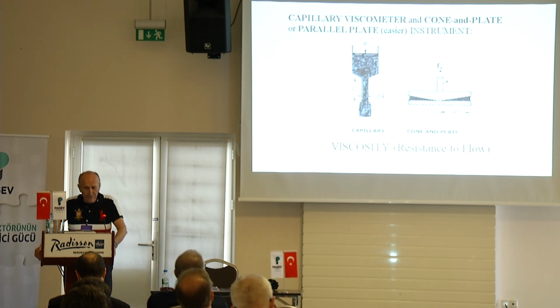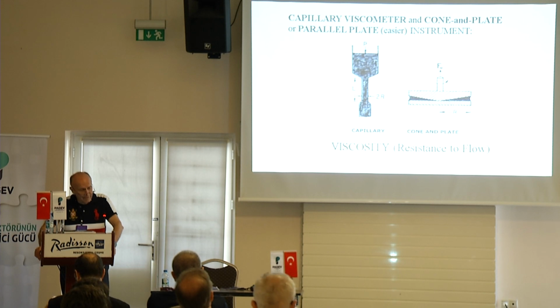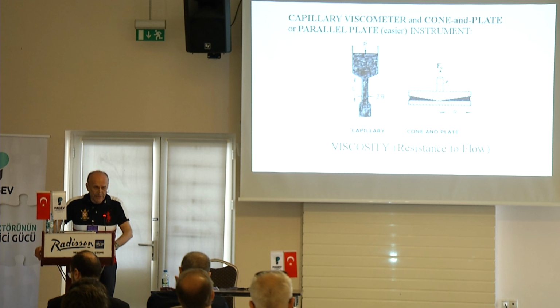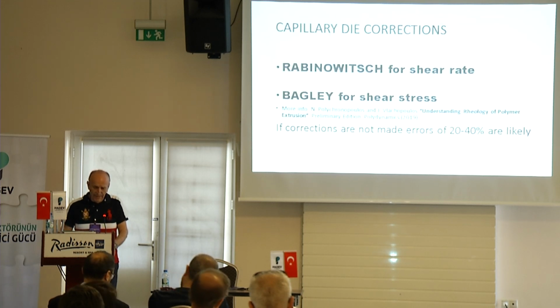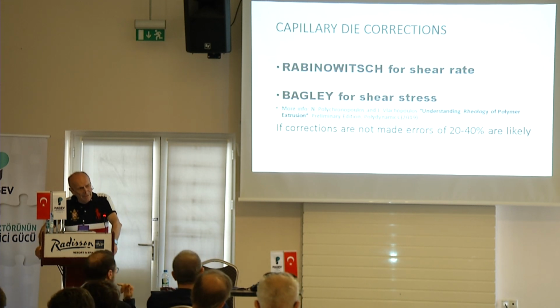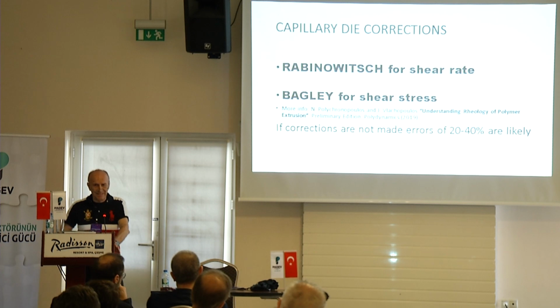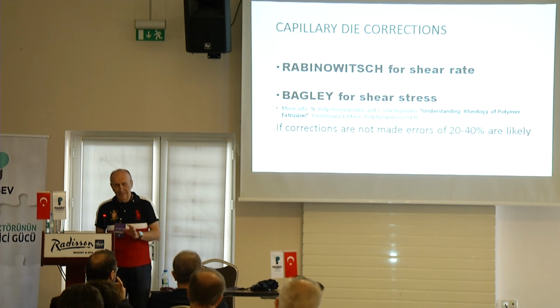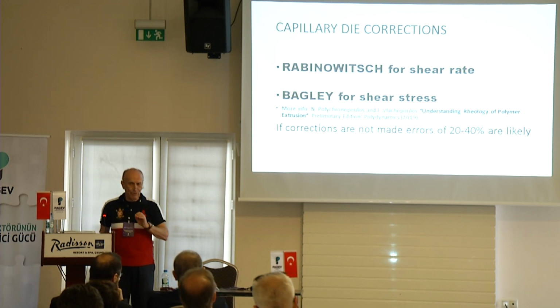And how do we measure? Well, the two most common instruments are the capillary viscometer and cone and plate or parallel plate. And it's important, with the capillary viscometer, the measurement is not that simple. If you want to have good measurements, you really have to perform some corrections.